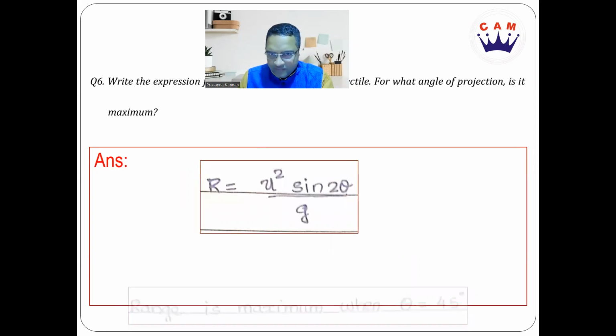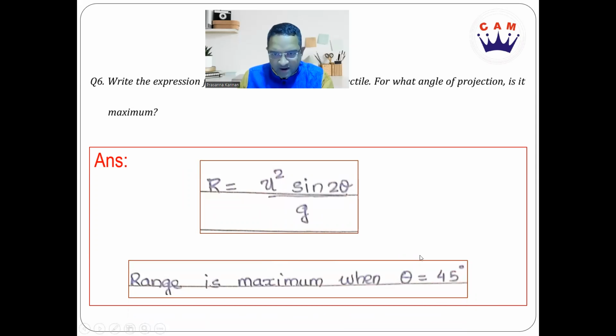Right? And when is it maximum? R is maximum when theta is 45 degrees. Yes. You're not expected to write the reason. But for my own interest, I want to know how you get theta equal to 45.